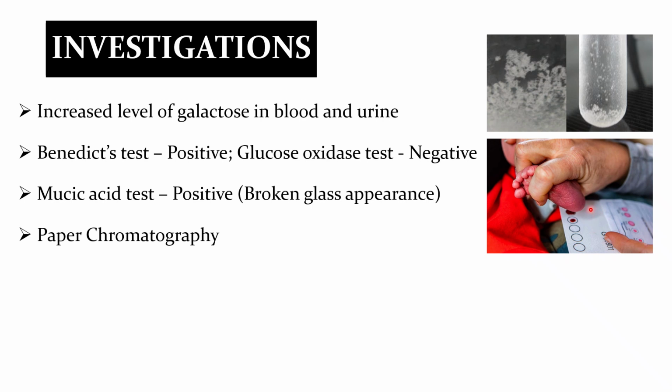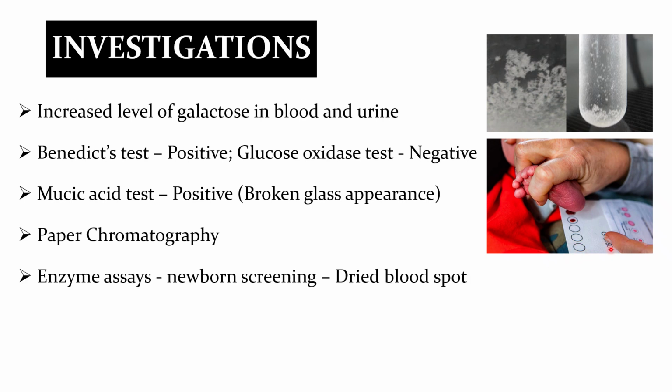We can prick the newborn's heel, take the blood drops and blot them on this paper, and let the blood dry. This dried blood spot can be used for further analysis. It is usually used for newborn screening, that is enzyme assays.